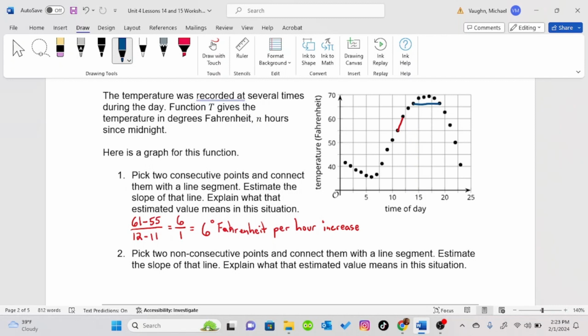The slope here, my second y value appears to be 66, and my first y value also appears to be 66. My second x value appears to be 19, and my first x value appears to be 14.